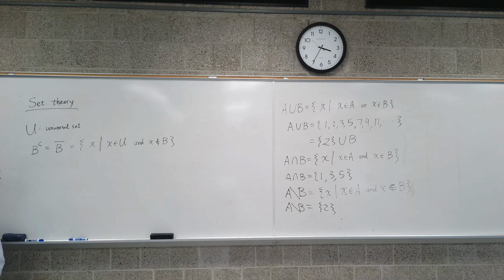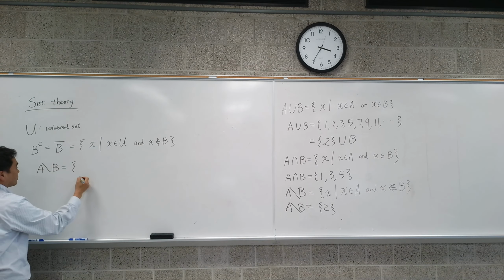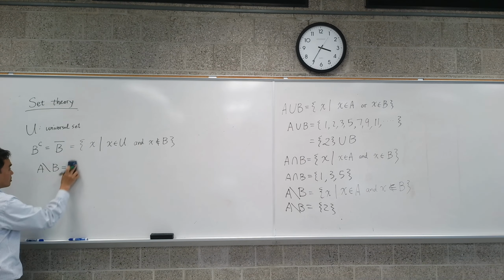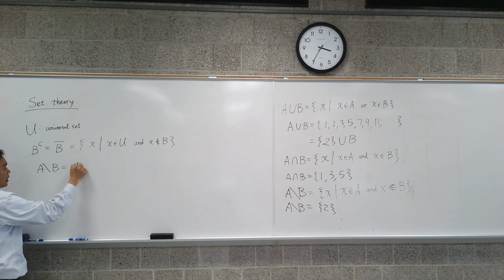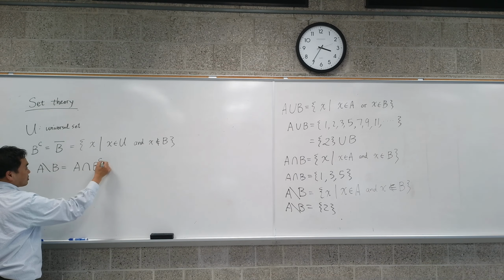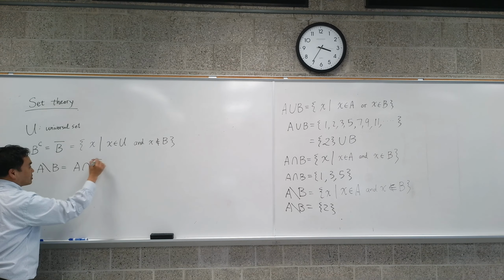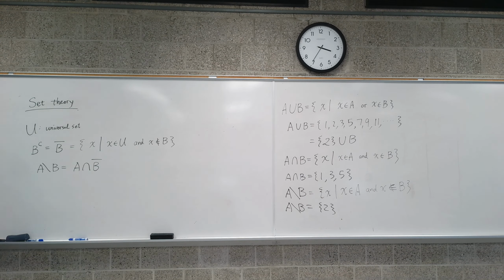So if you adopt this, then you can say that A minus B is the same thing as A intersect B complement. Let's use bar, because that's what the textbook uses.